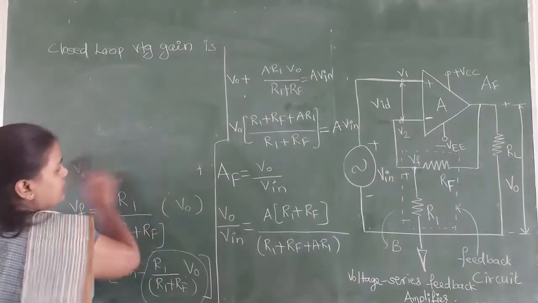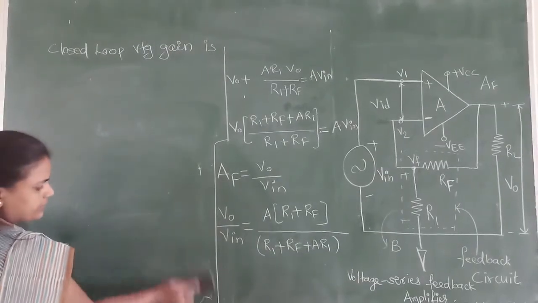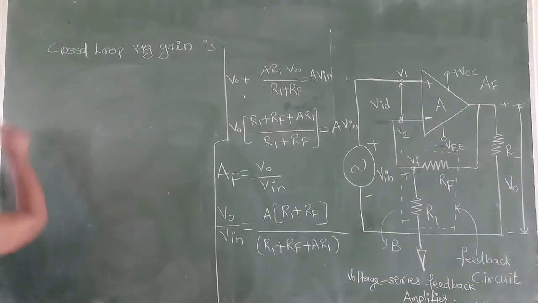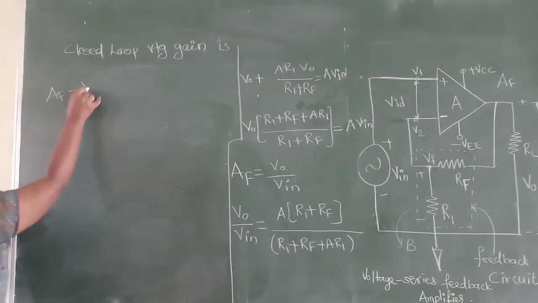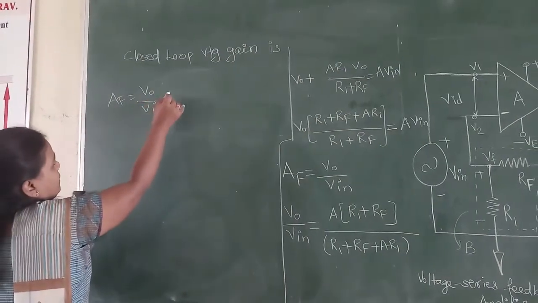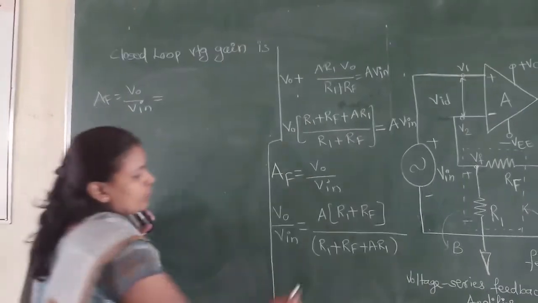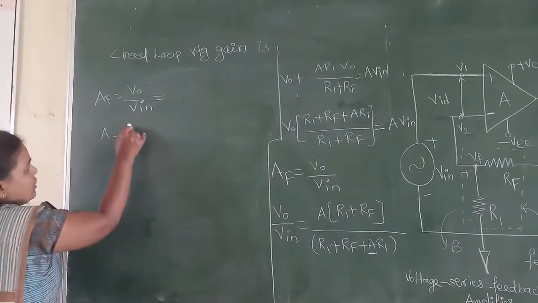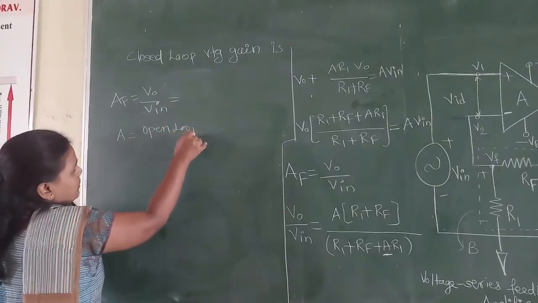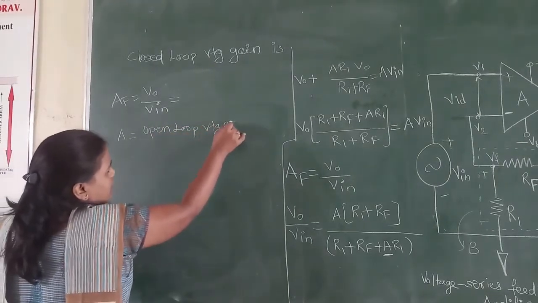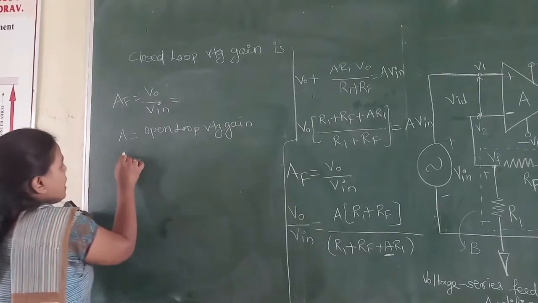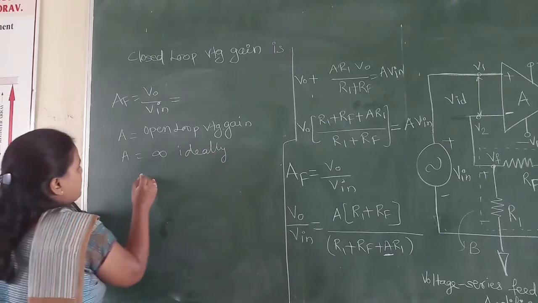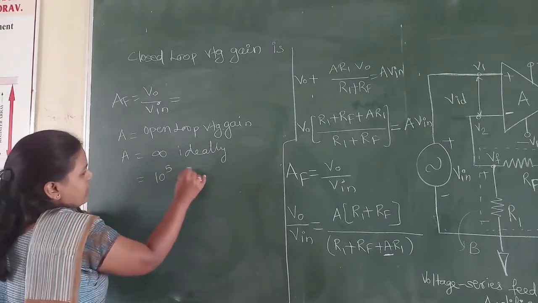Now see further, we have to reduce this equation. Here A is the open loop voltage gain of the op-amp, which is ideally infinite and has a typical value of 10 raised to 5.